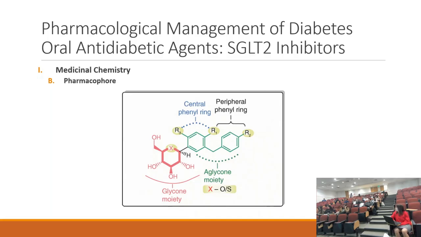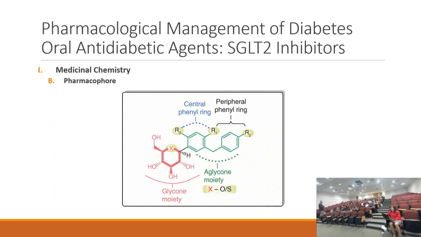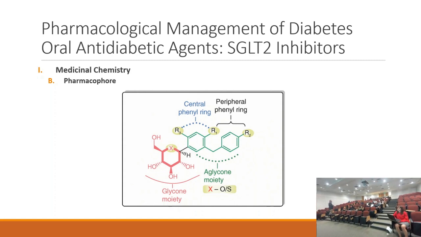So substitutions here, R1, R2, and R3, will impact potency and selectivity, which is something I don't have written down on the previous slide, but I'd like you to remember that, okay? Everybody got that? All right? So again, substitutions at R1, R2, and R3 here can impact potency of the drug as well as selectivity.